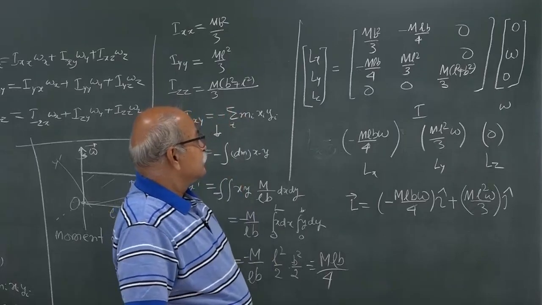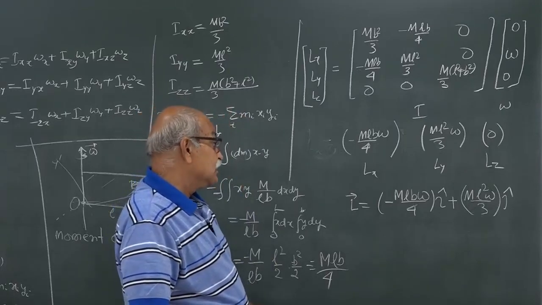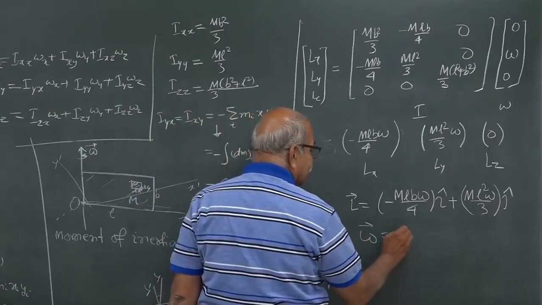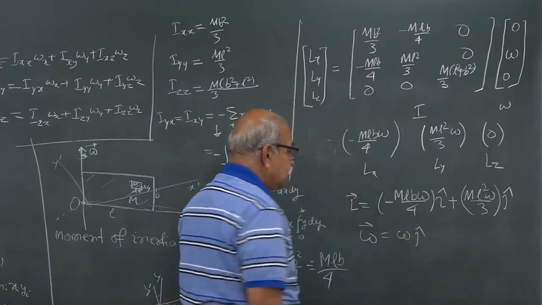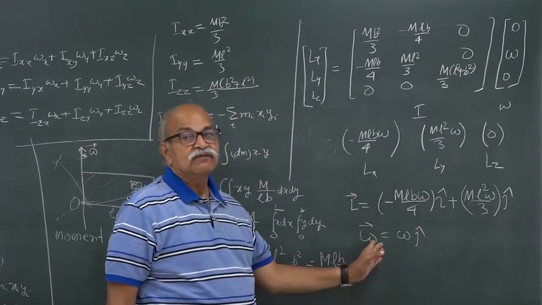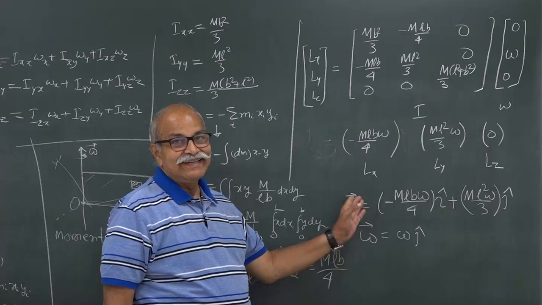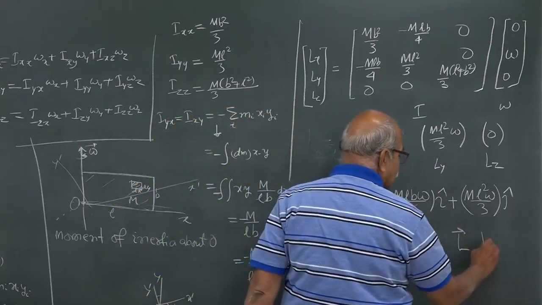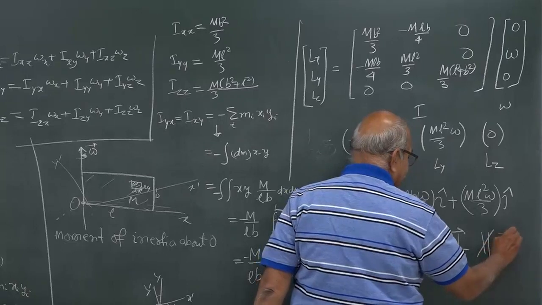So this is the L vector. Omega was omega j cap. You can see that L is not parallel to omega.